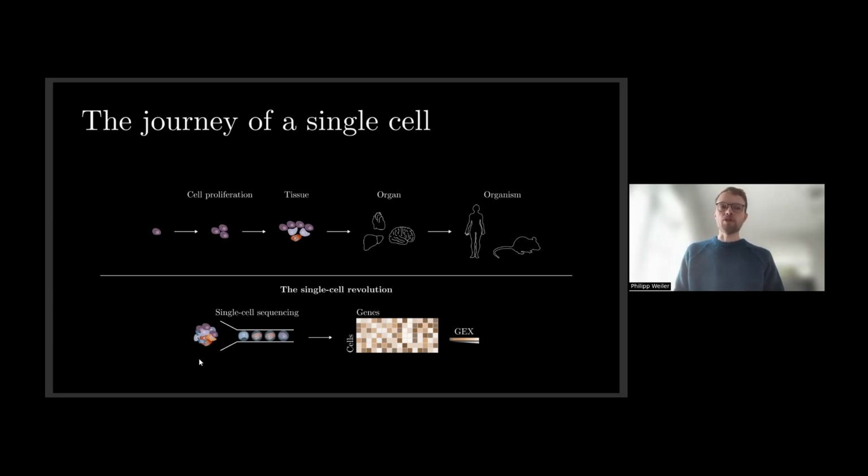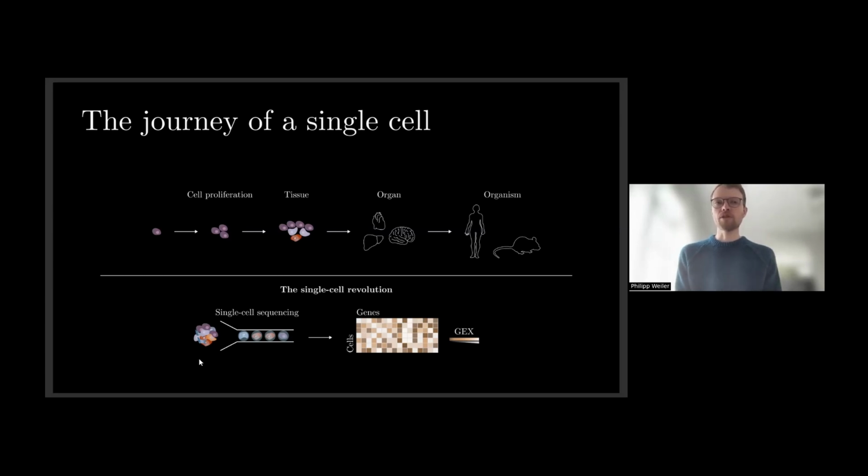This gives you a collection of cells, and what you can do now experimentally is separate all of these cells that are in practice attached to each other and form these organs or tissues. You separate them, and now you can look at each individual cell and understand how it looks in terms of specific features. So if we talk about single-cell RNA sequencing data, we look at the RNA expression, so the transcriptome in this cell.